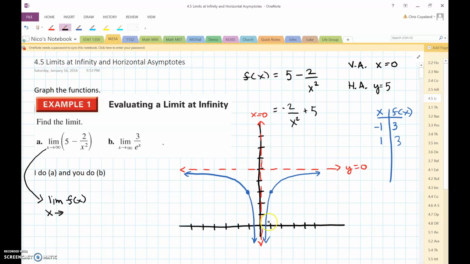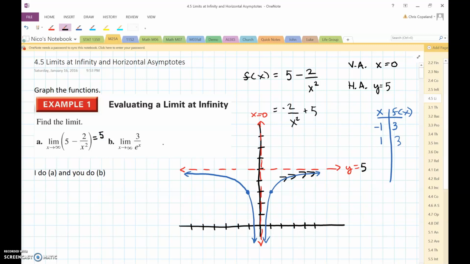As x approaches infinity, notice this is going towards 5. So we don't need to use one-sided limits here. This is going to be equal to 5.